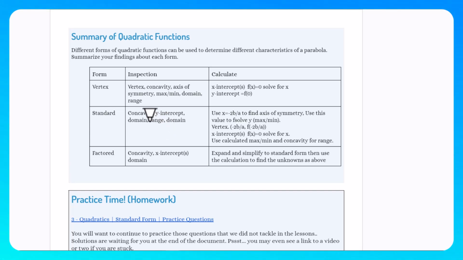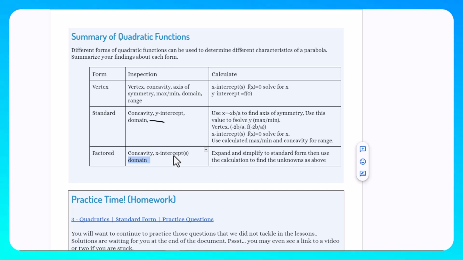We cannot determine range. Let's get rid of that. Domain twice, don't need domain twice. And for factored form, we can determine concavity, x-intercepts, and the domain. So really, these two only differ in which intercepts they get.